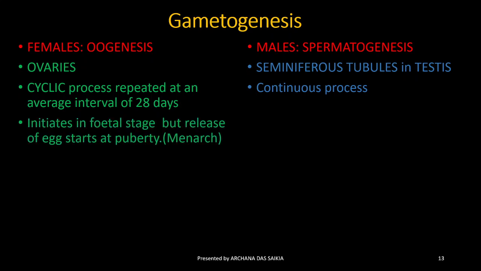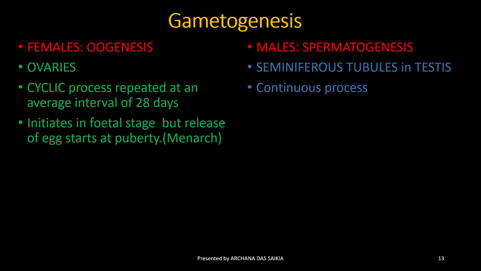Then in females, one very interesting fact in human females is that the start of oogenesis takes place when that particular female individual herself was a fetus inside her mother's womb.